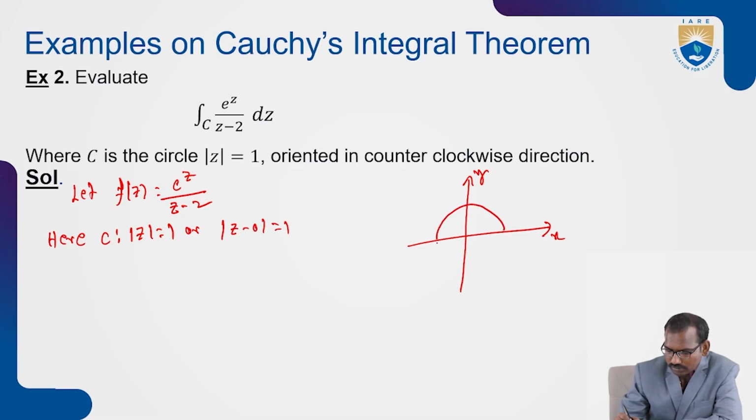Mathematically it is mod z equal to 1, the radius is 1, and the center is z equal to 0. Is it a simple closed curve or not? This is a simple closed curve.